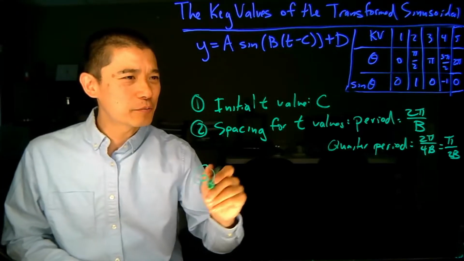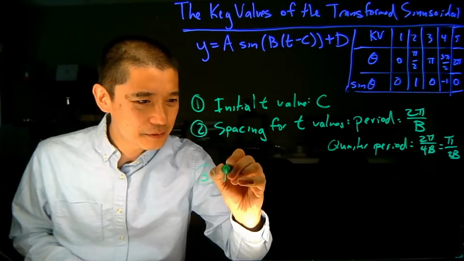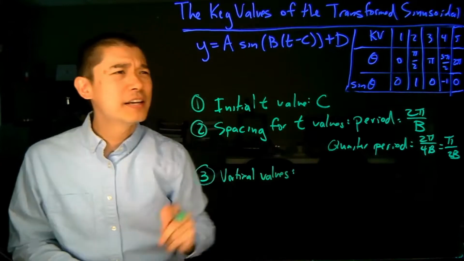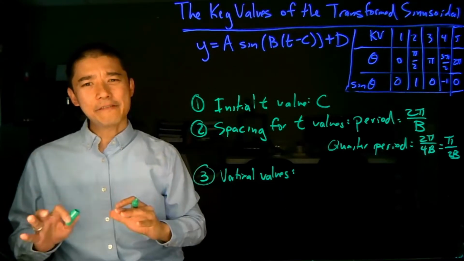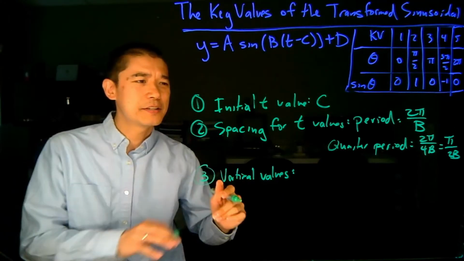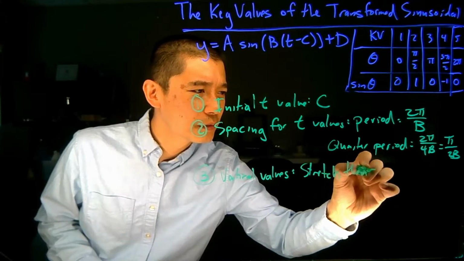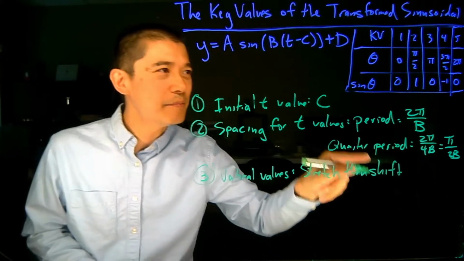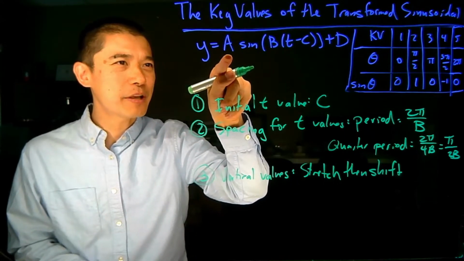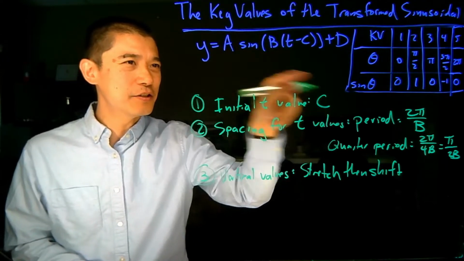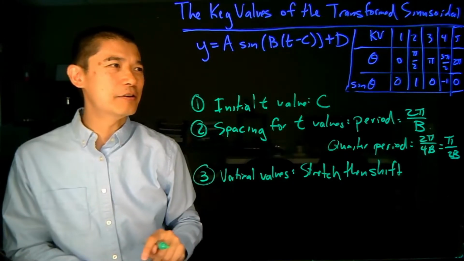Now for the third one, we're going to look at the vertical values, the function values. And the idea you want to have here is you want to stretch, then shift. What does that mean? It means that you take this value here, you multiply by the stretch factor, and then you shift it. So whatever this a is, you multiply this by that, and then you add d.